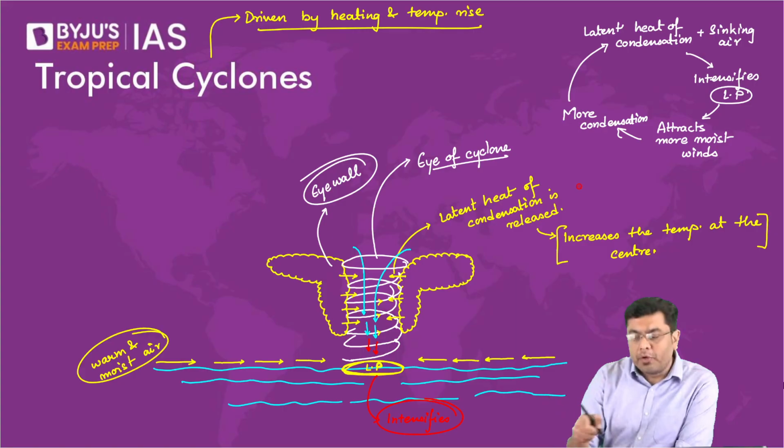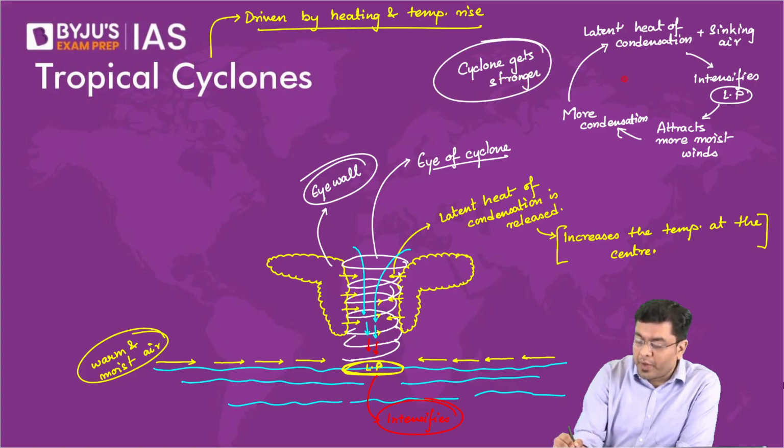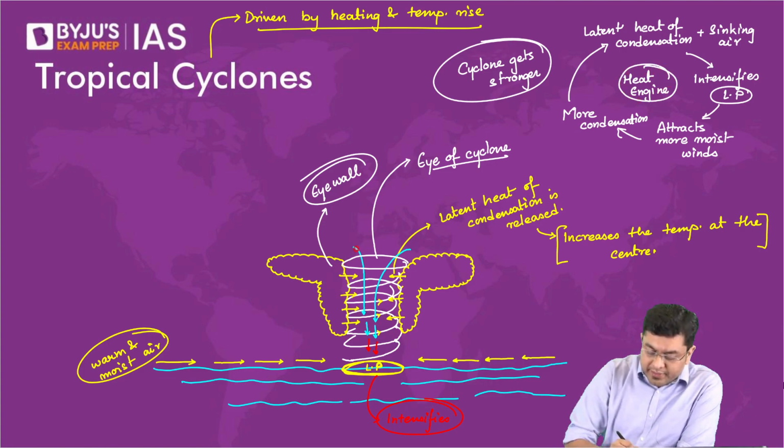This keeps on fueling itself and the cyclone gets stronger. This is why it is referred to as a heat engine. Here it is created. Here you have a sinking air.